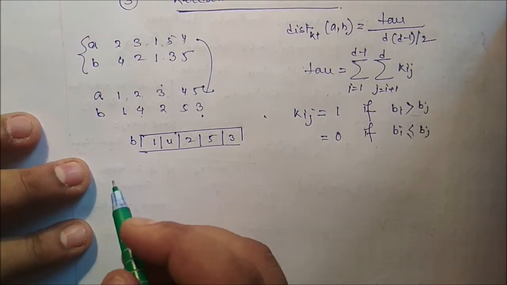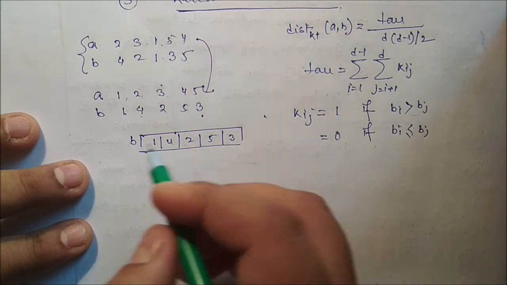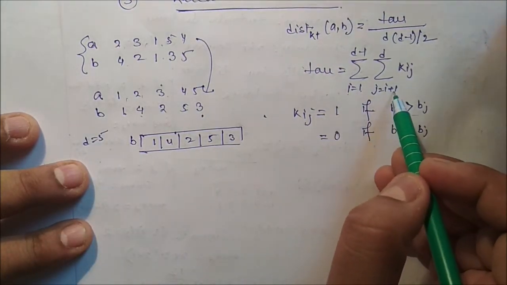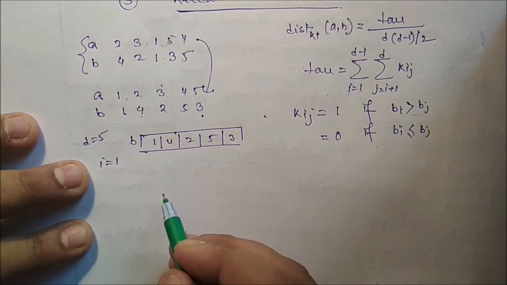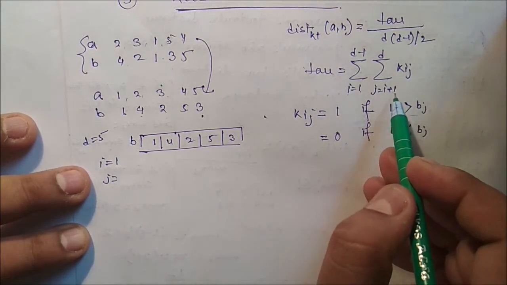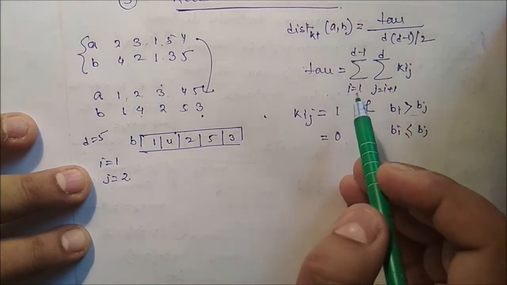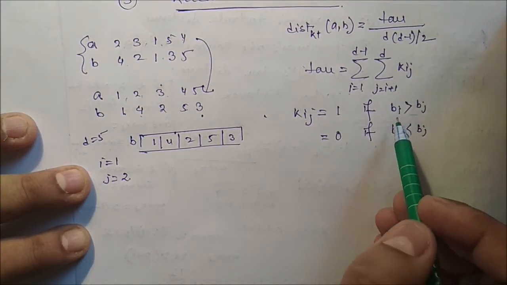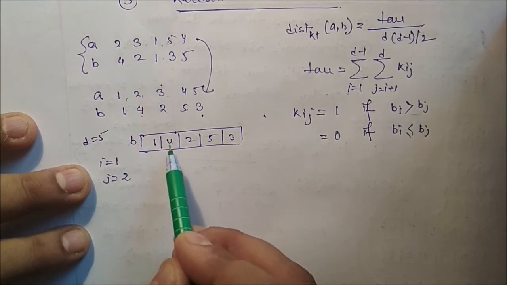Starting from i equal to 1 to D minus 1, where D is equal to 5, and then j equal to i plus 1 to D. If i is equal to 1, j is equal to 2. Is B1 greater than B2?